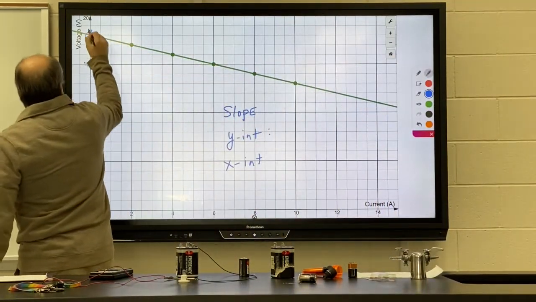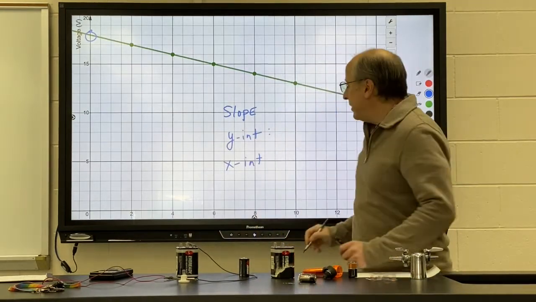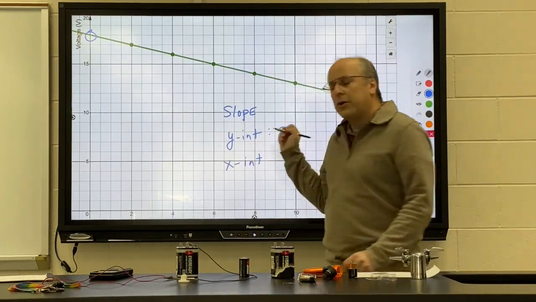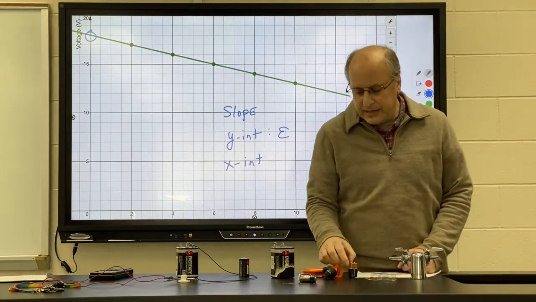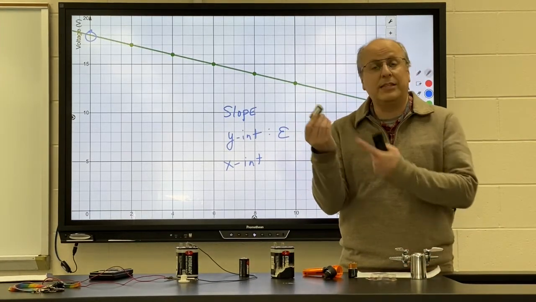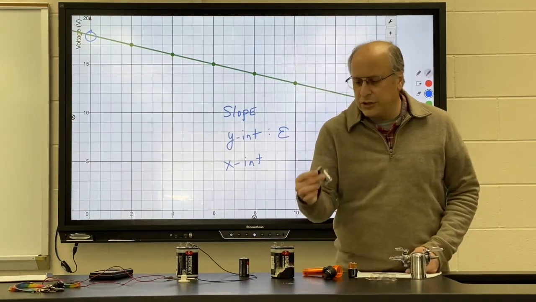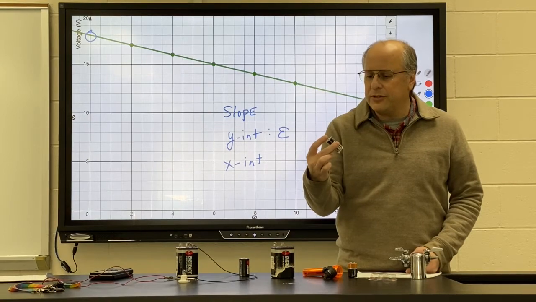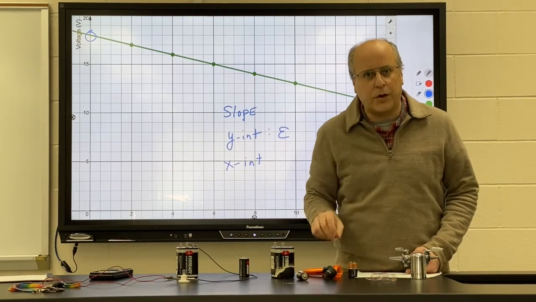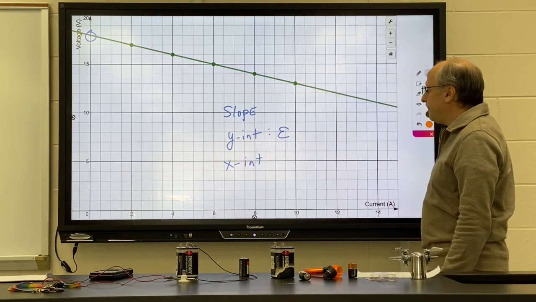The y-intercept is the voltage that you're supposed to get from the battery. It's called the electrochemical potential of the battery. It's determined by the chemicals that are inside, or at least used to be inside, of your battery. So this one should have had an electrochemical potential of 1.5 volts. That's the y-intercept of your graph.